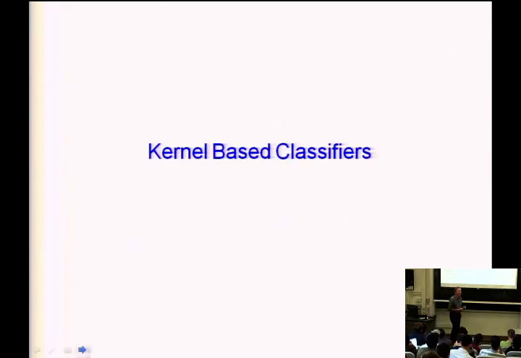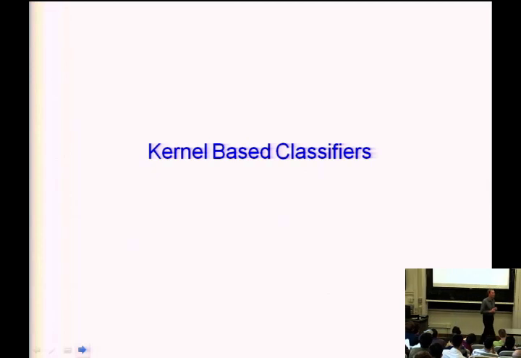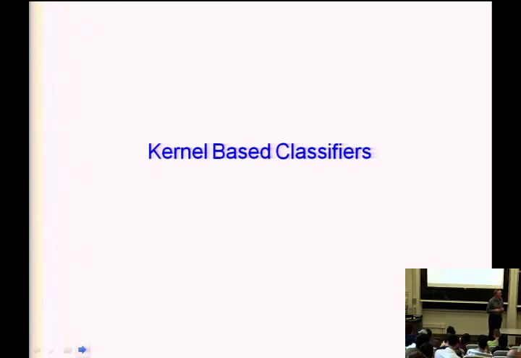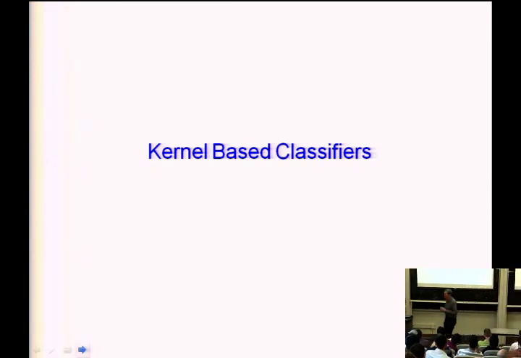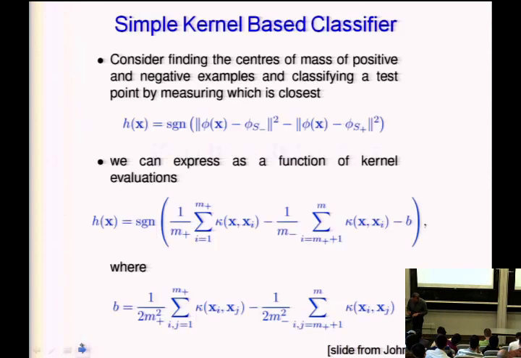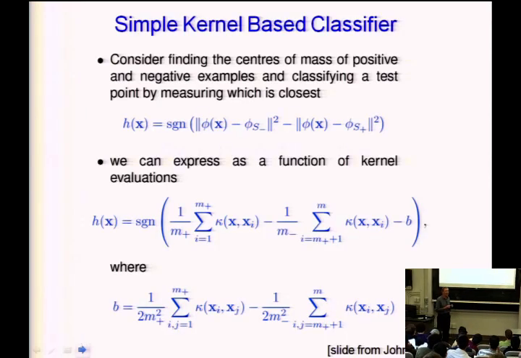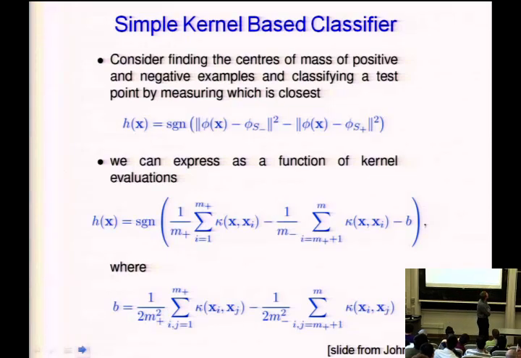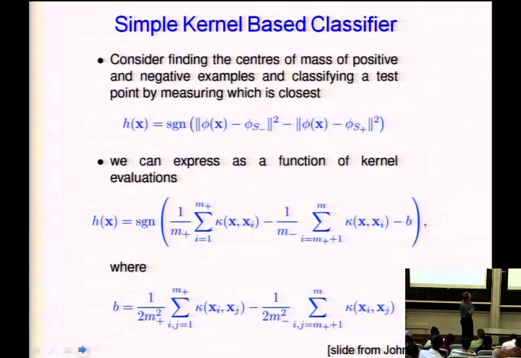Regression. What about classifiers? Well, you know, regression and classification are closely related. Here's a very simple classifier that can use kernel functions. This reminds me a little of the discussion we just had about Fisher linear discriminant.